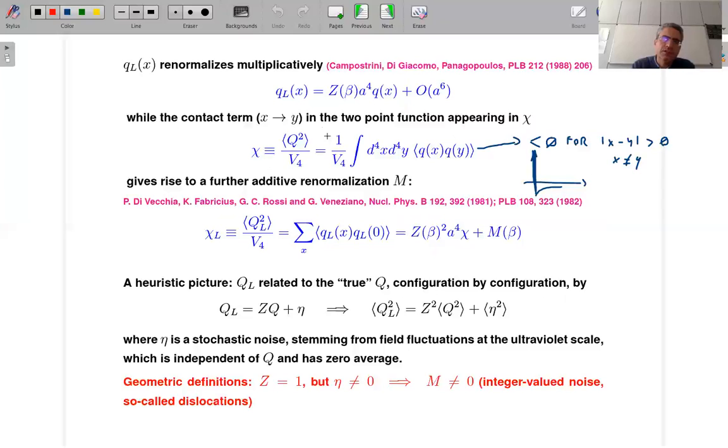this expression here, if you write the capital Q as the integral of the topological charge density, you end up with this integral of the two-point function, and this is an integral over all possible distances, all possible values of x minus y.